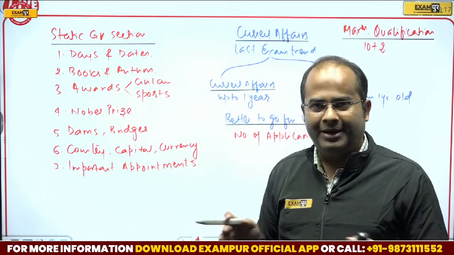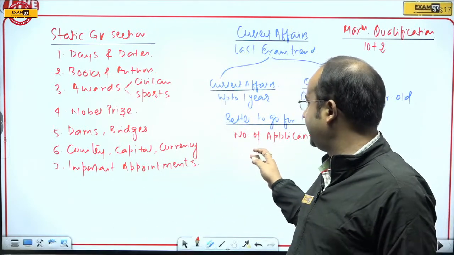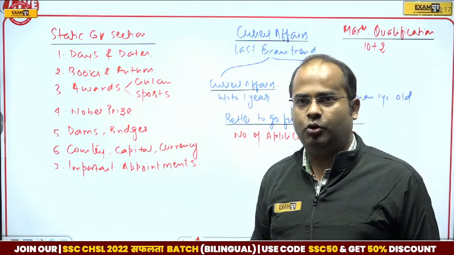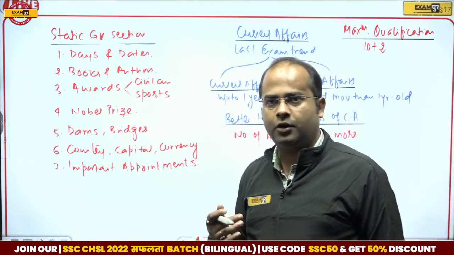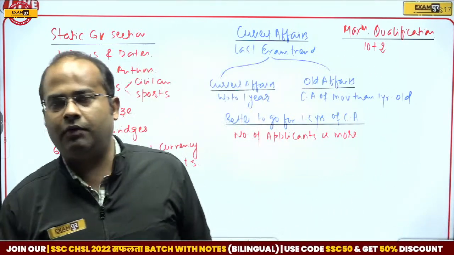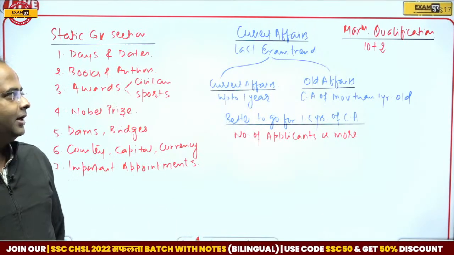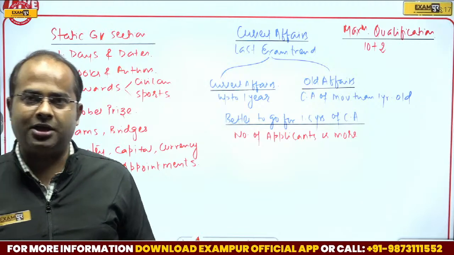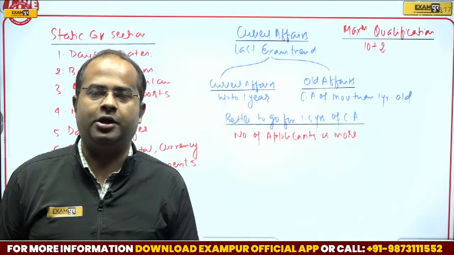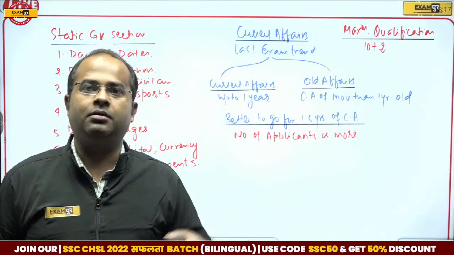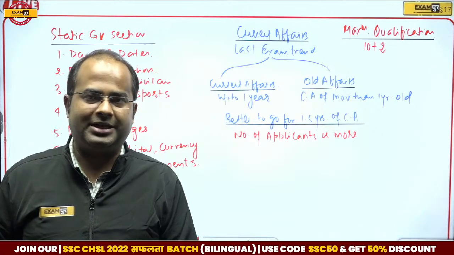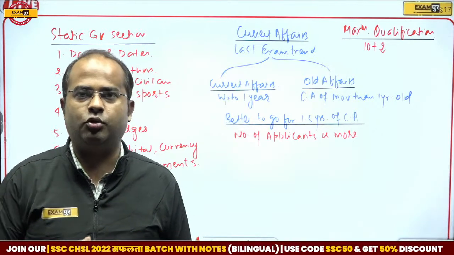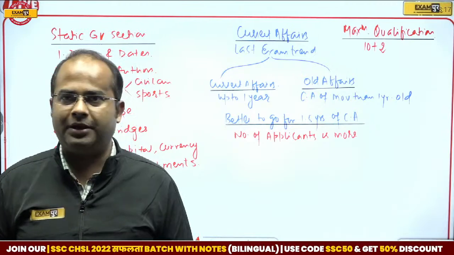Therefore, to eliminate the candidates, they can ask questions from old affairs also. So it is better to go for 1.5 years of current affairs. And what I have seen in the last year's trend is that they asked questions from budget 2021, although the exam was held after the budget, in March-April 2022, but they asked the question from the previous budget.